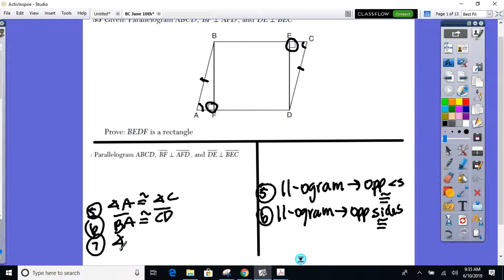First saying, hey, angle BFA is a right angle, and angle DEC is a right angle. Perpendicular lines form right angles.